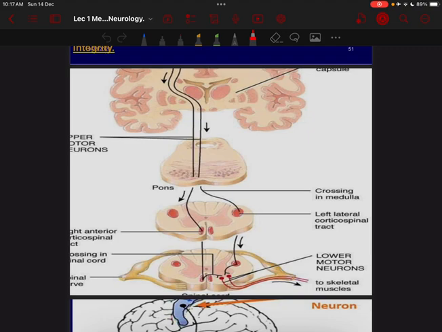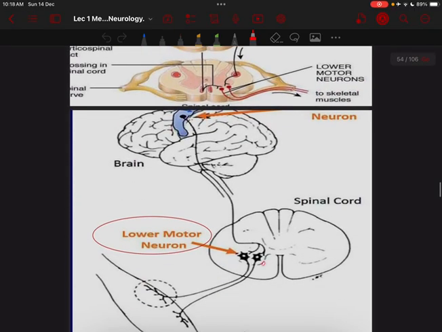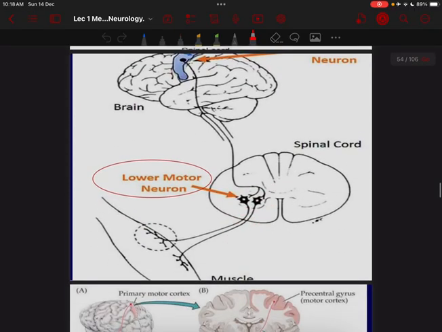This is the upper motor neuron. The lower motor neuron is from the anterior horn cell to the root to the skeletal muscle. This is the upper motor neuron, and this is the lower motor neuron from the anterior horn cell, root, nerve, neuromuscular junction, and muscle.